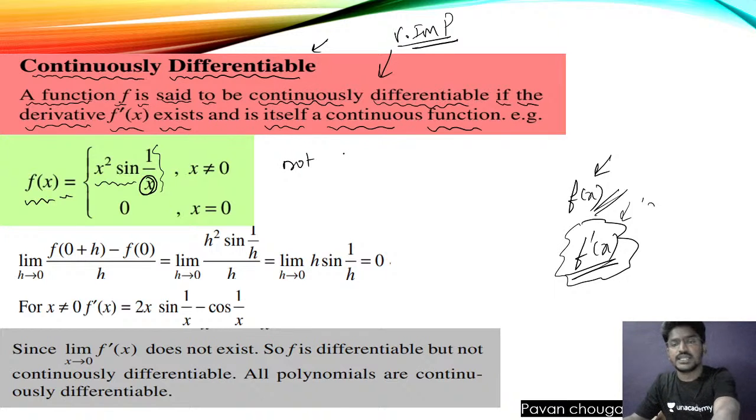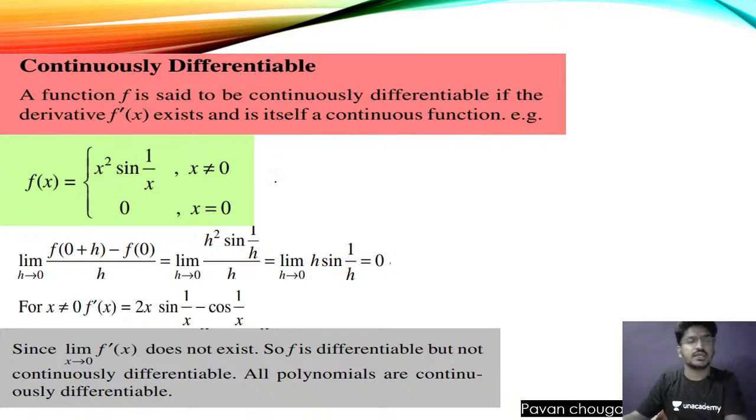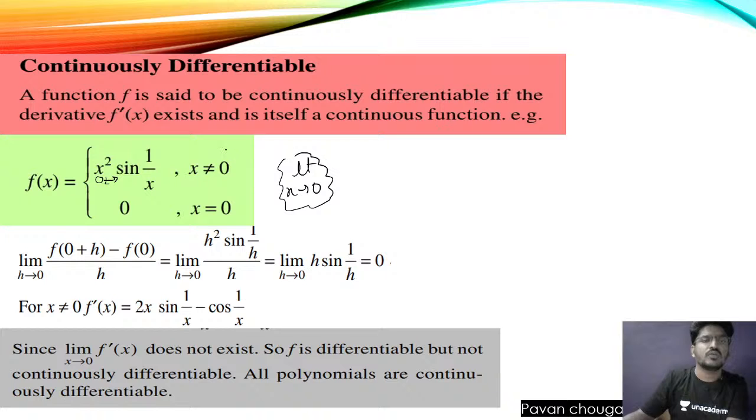Or here you can see the limit extending to 0. If I put 0 here, 0 into anything is going to be equal to 0. Clear? For that, this particular function is going to be continuous. And it is going to be also differentiable. Okay.